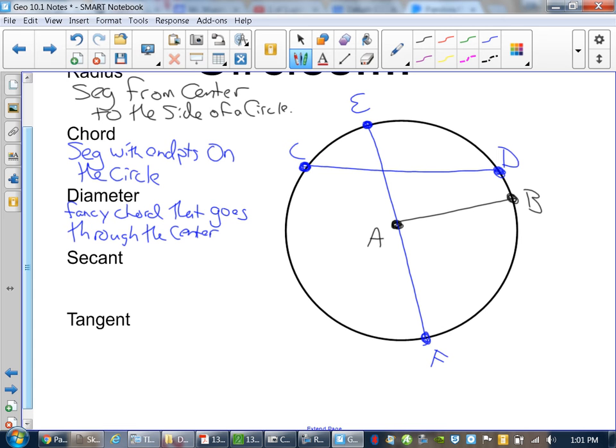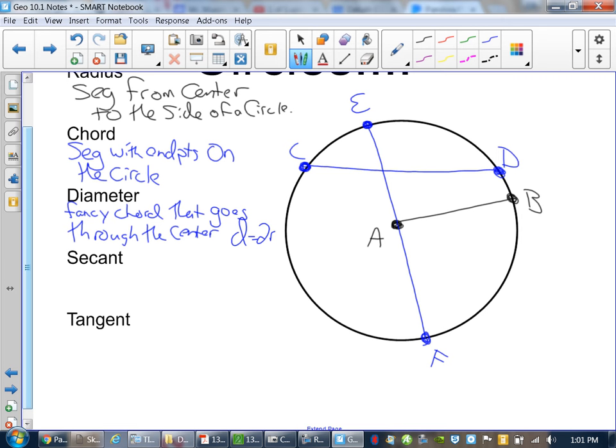So your diameter cuts the circle in half. It goes through the center. What is the diameter made up of? Two radius. Very good. The diameter is equal to, and we usually use the letter D, two radius. Speaking of radii, plural of radius, you okay with that? So, what do you know about all the radii in a circle?